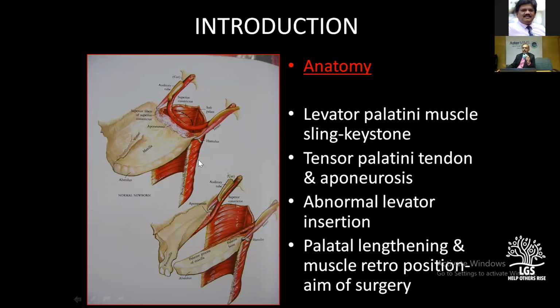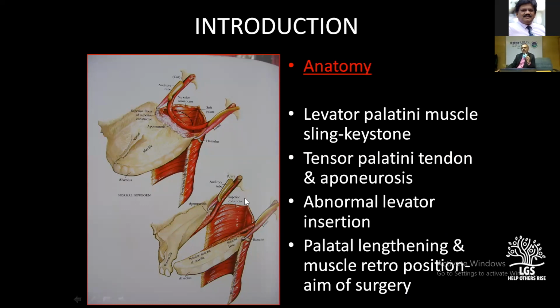When the palate is cleft, it's not only that there's an opening in the middle, but the muscles are all abnormal. You can see the hard palate and the soft palate. The levator veli palatini and the tensor veli palatini are the most important muscles of the lot. The levator does the bulk of the work.